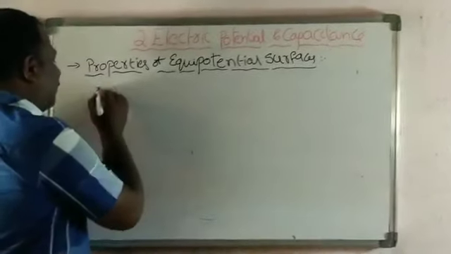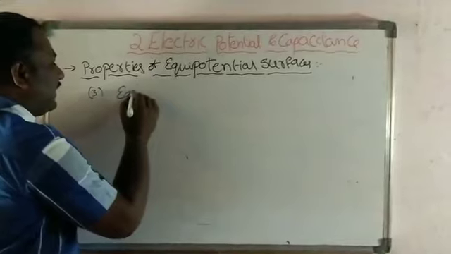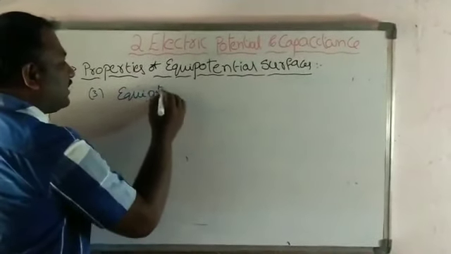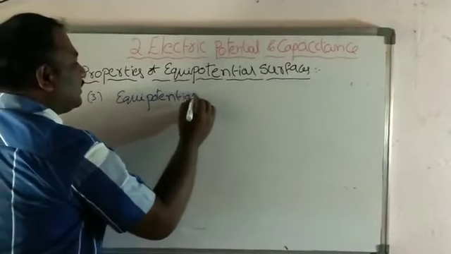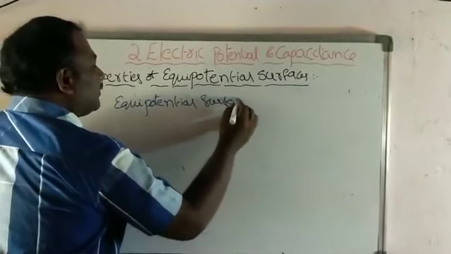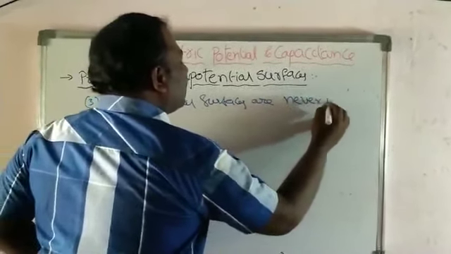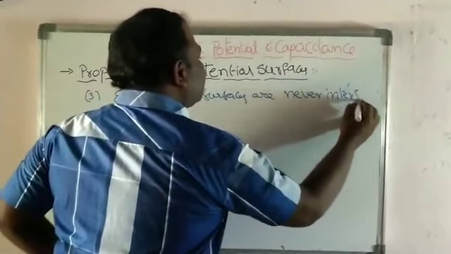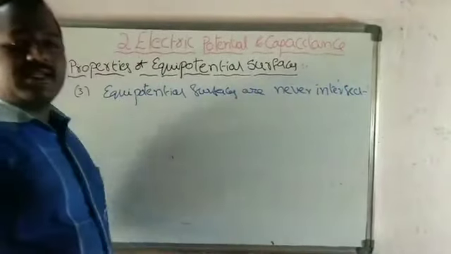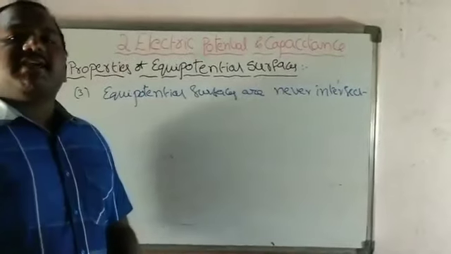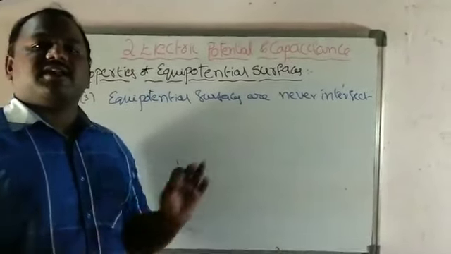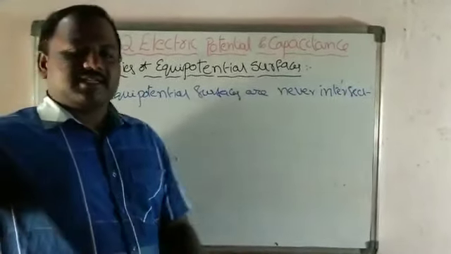And the third property is equipotential surfaces never intersect. This is also another property. The third property is equipotential surfaces never intersect. See this.